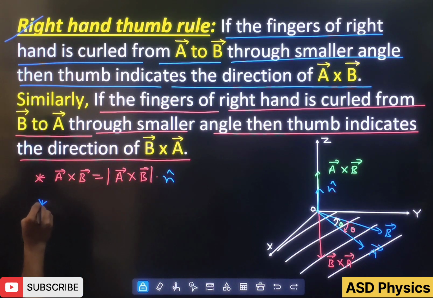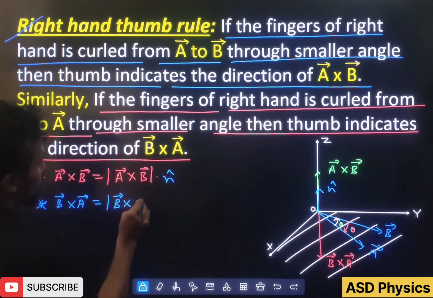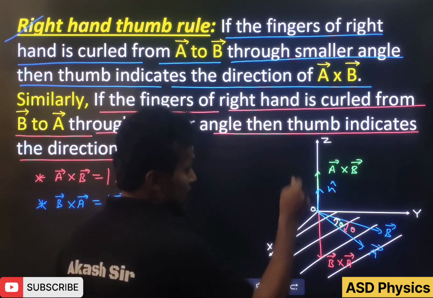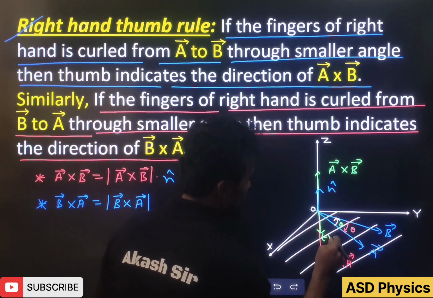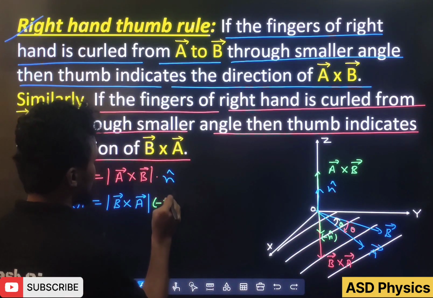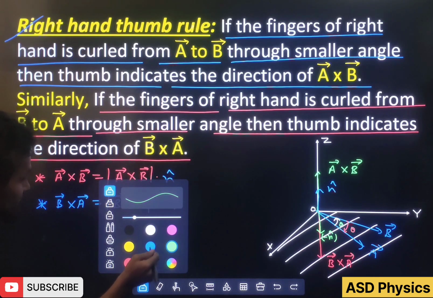Similarly, if I write B cross A, see, mod of B cross A, and you can see that now the direction is opposite to N cap upward. That means in this direction it will be minus K cap, or in a general way I am writing minus N cap. Okay, so here I have written minus N cap.